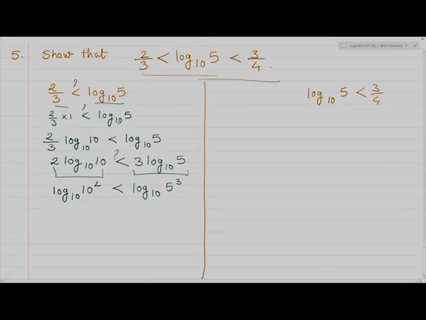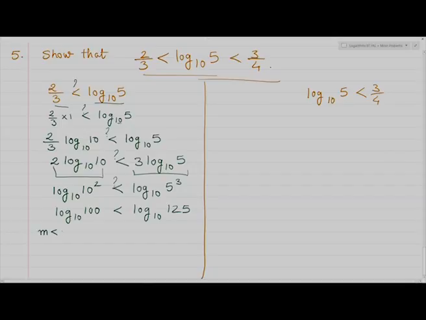Do I know something about this? I know something like log to the base 10 of 100 is less than log to the base 10 of 125. Okay. Now, what is a property of log?